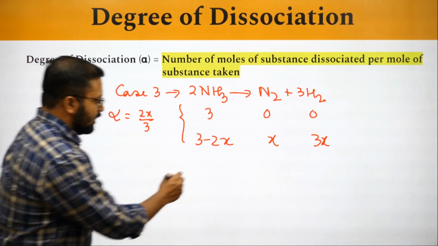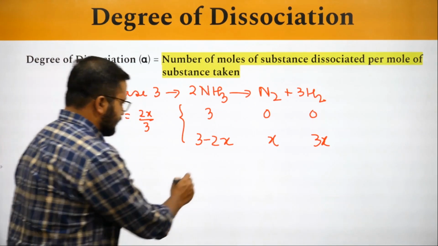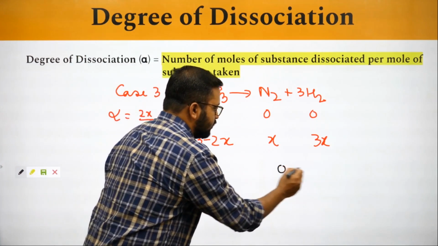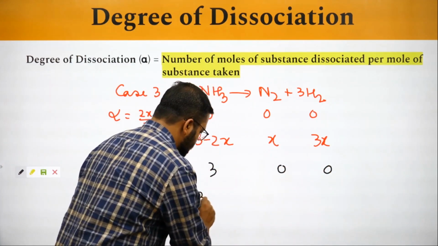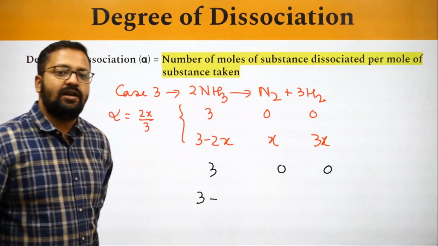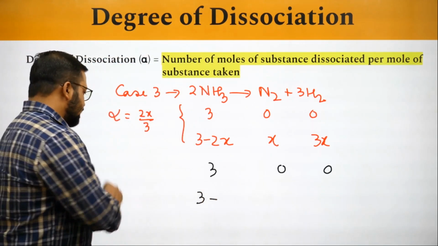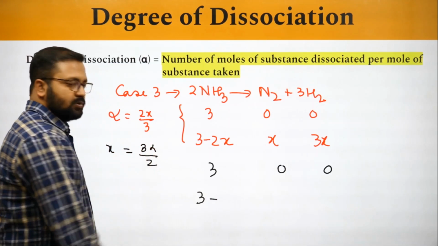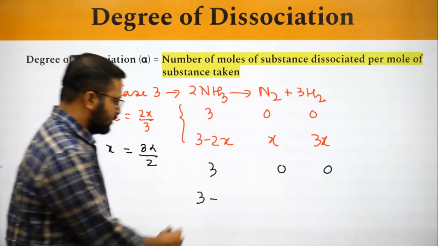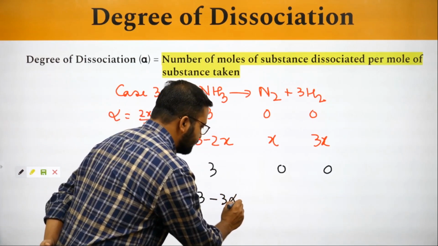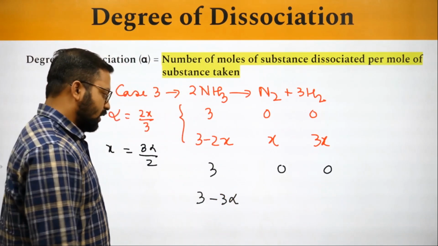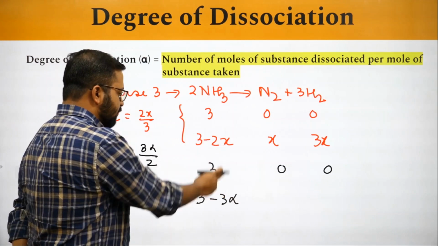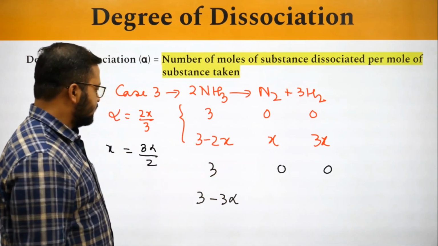So if somebody wishes to express it like this, 3 0 0, और ये अल्फा के टर्म्स में अगर लिखना चाहता है, then हम क्या करेंगे, x को लिख सकते हैं 3 alpha by 2. I put the value of x over there, it will become 3 alpha.